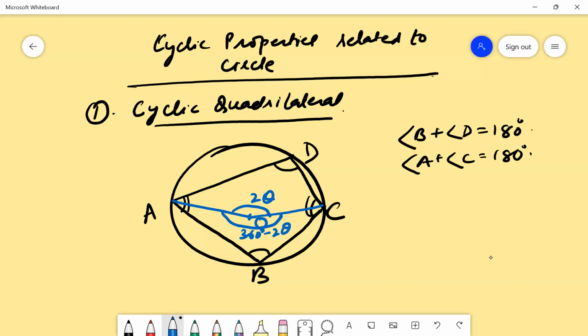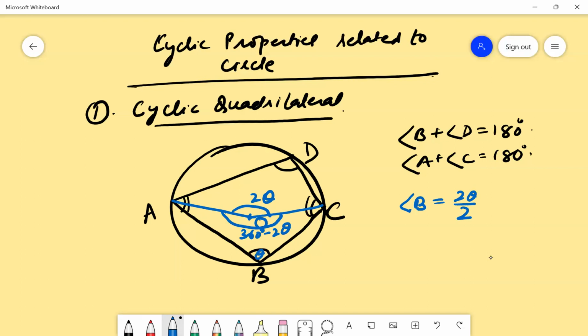Now everybody knows that the angle made at the center is double the angle made at the circumference by a chord. So using that principle, I can write angle B is equal to 2 theta by 2. If you take chord AC, then for chord AC, the angle made at the center is 2 theta and the angle made at the circumference is theta.